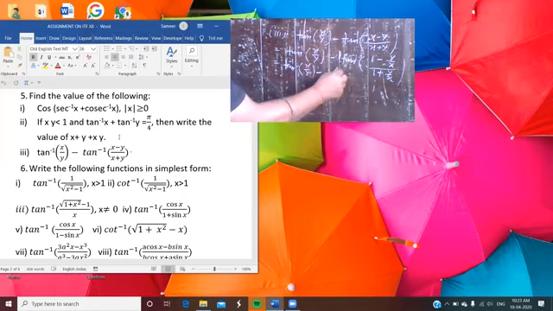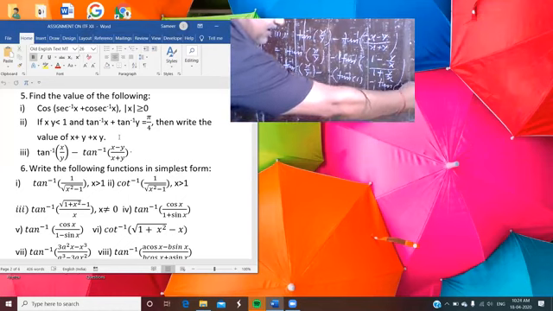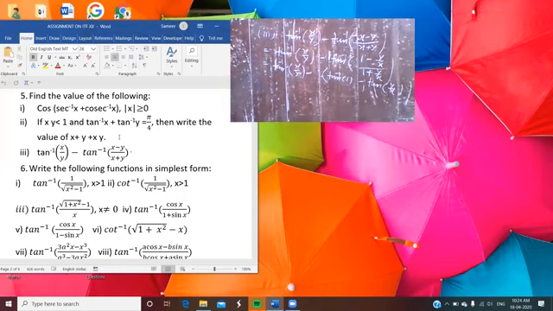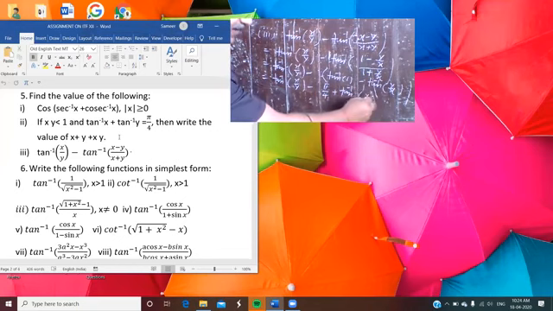If you apply it, you can write directly tan inverse 1 minus tan inverse y by x. Now if you open its bracket, that becomes tan inverse x upon y minus tan inverse 1, which is pi by 4, so minus pi by 4 plus tan inverse y by x.